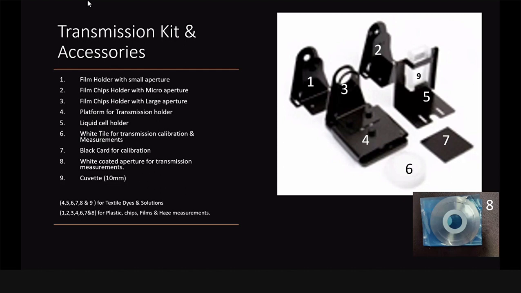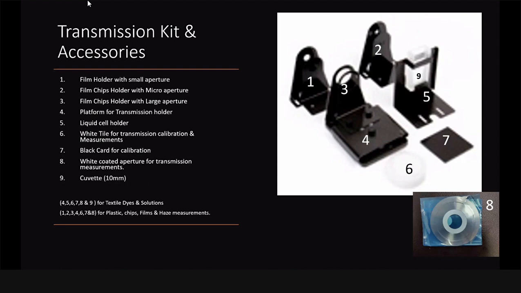And the eighth is the white coated aperture. In normal reflectance, we have an aperture with stainless steel, and there is no coating. That is fine. But for transmission, the white coated aperture must be used, as we can see in the picture. So it is going to be placed all the time, either when we are doing calibration or transmission measurement. And ninth is the cuvette, which is a kind of cell used for liquid measurement.